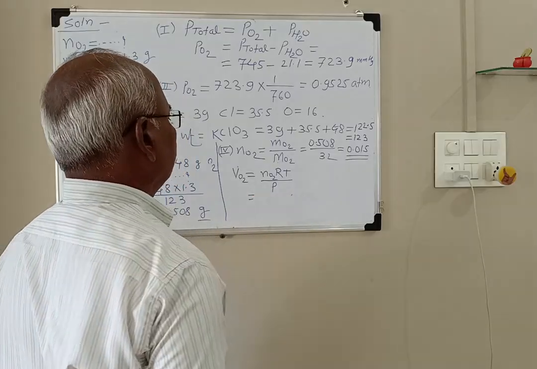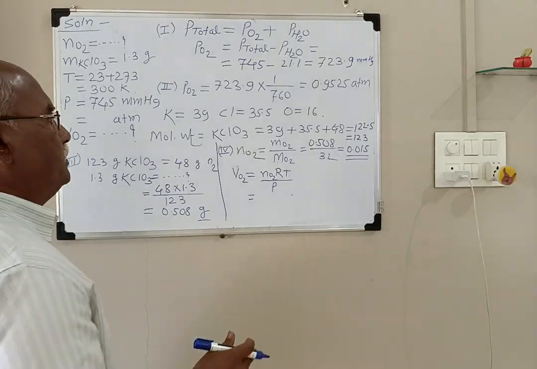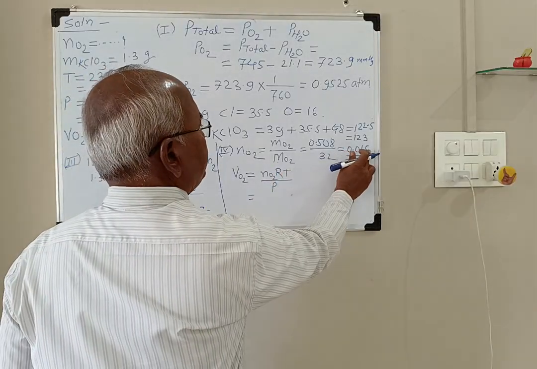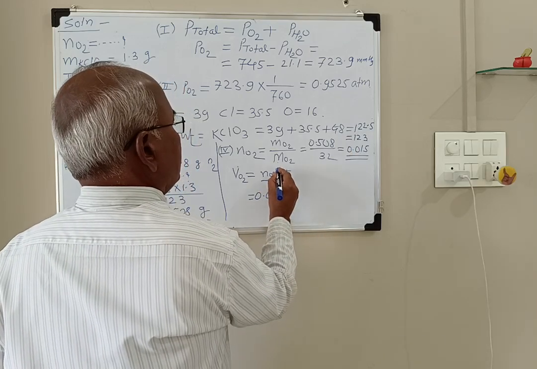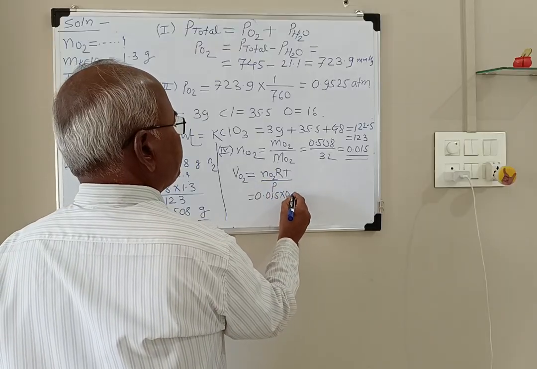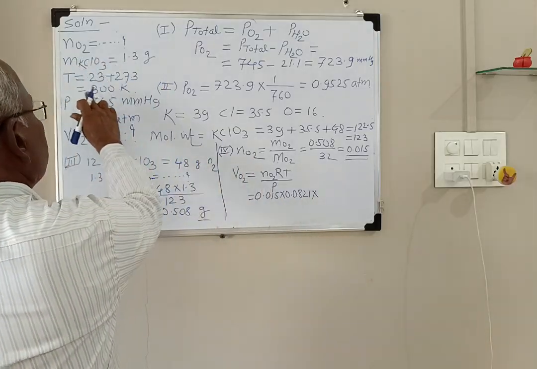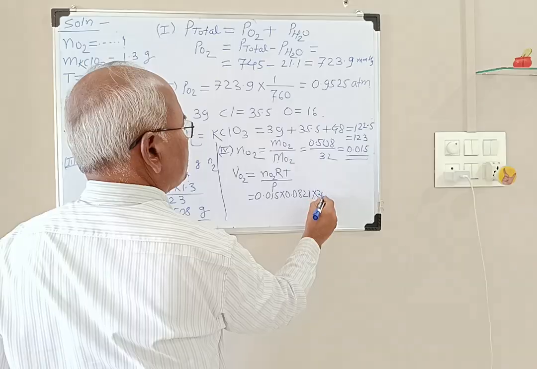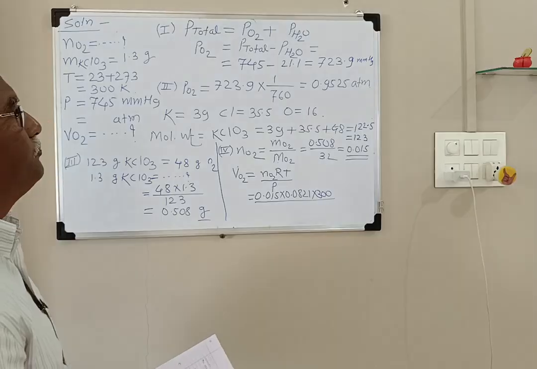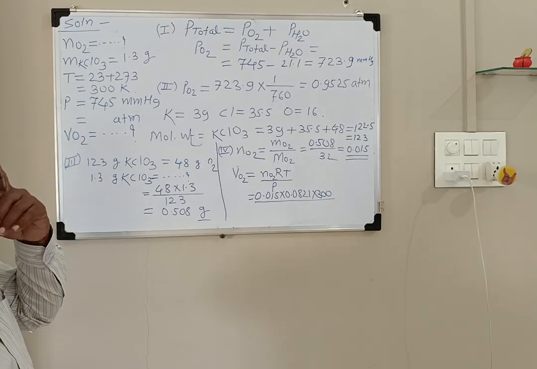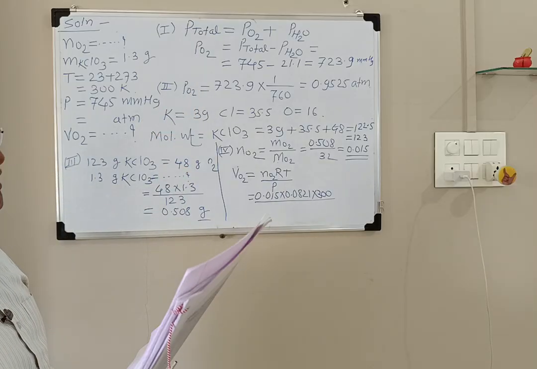That is equal to number of moles 0.015 into R, the gas constant, whose value is fixed, 0.0821, temperature is given, 300 Kelvin, divided by the pressure of oxygen, here 0.9525.